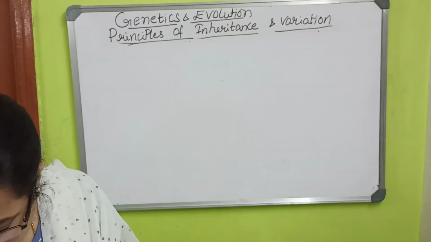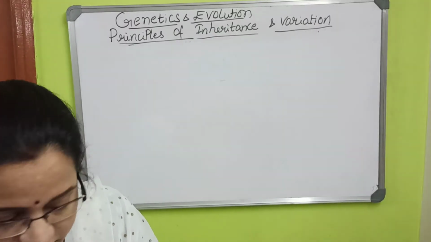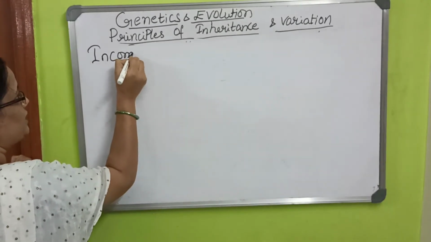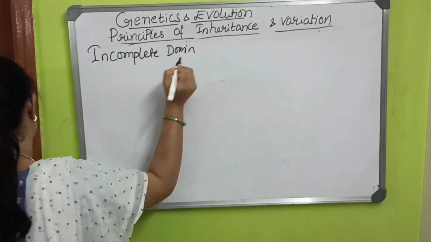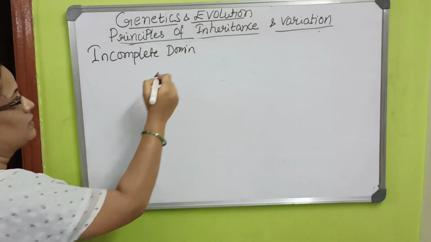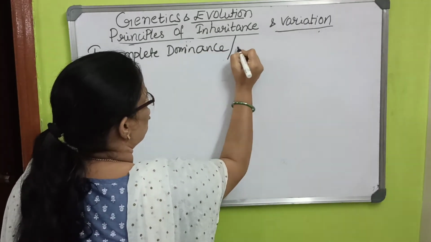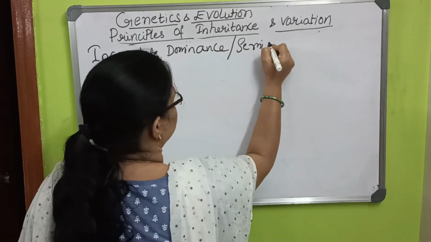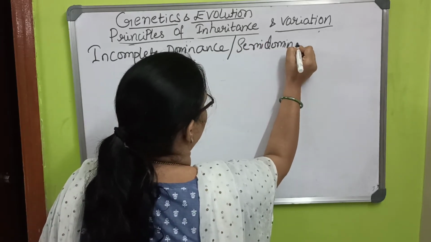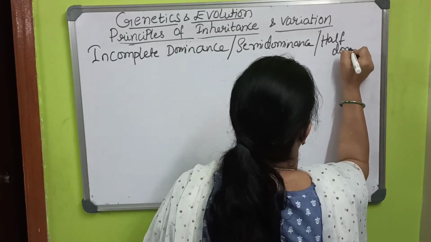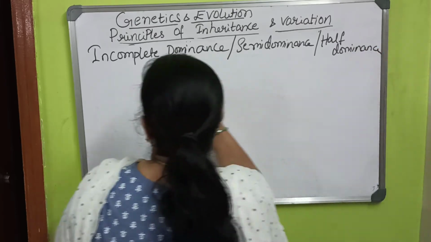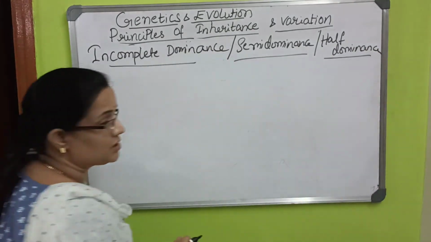Now the next one is incomplete dominance, which I will show here. If they say write about incomplete dominance, it is also called semi-dominance or half dominance.